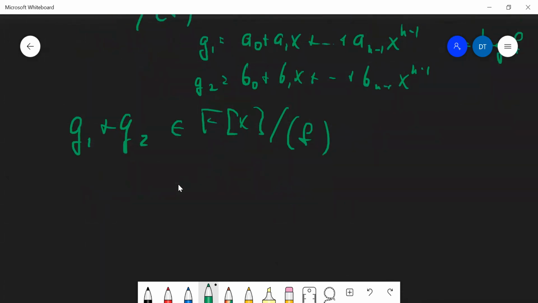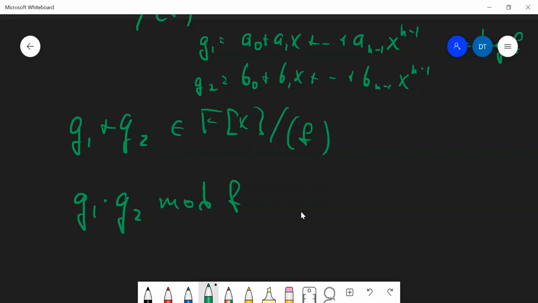So what about multiplication? If you multiply g1 by g2, the result will be a polynomial of a degree larger than the degree, or probably equal to the degree of f. So in order to compute the result, we take the result modulo the polynomial f.